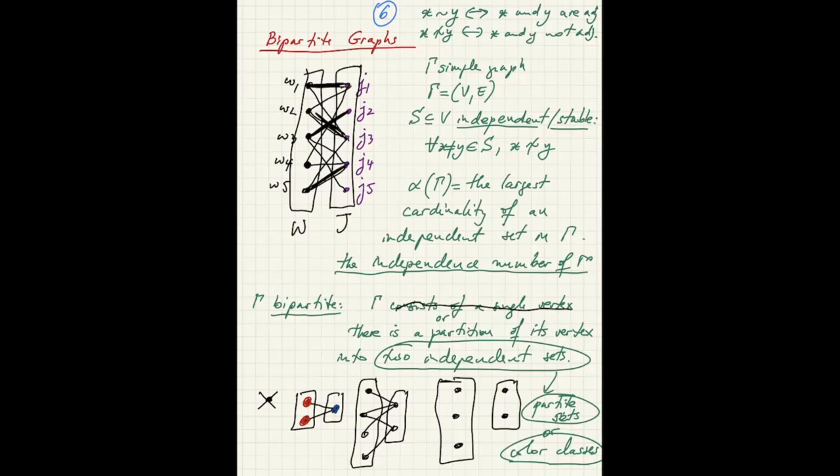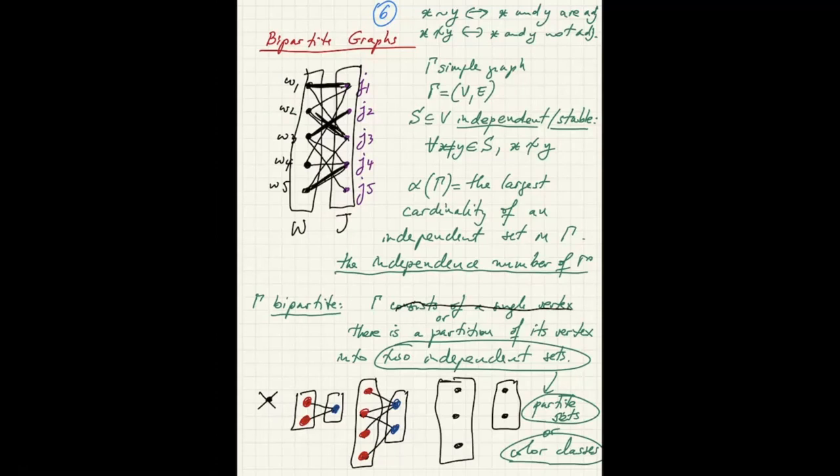So the set of red vertices, this left side, is an independent set, and similarly the other one is the set of blue vertices. This is what is called a proper coloring. So every edge has endpoints with different colors. Okay, so I will refer to them as partite sets or color classes.